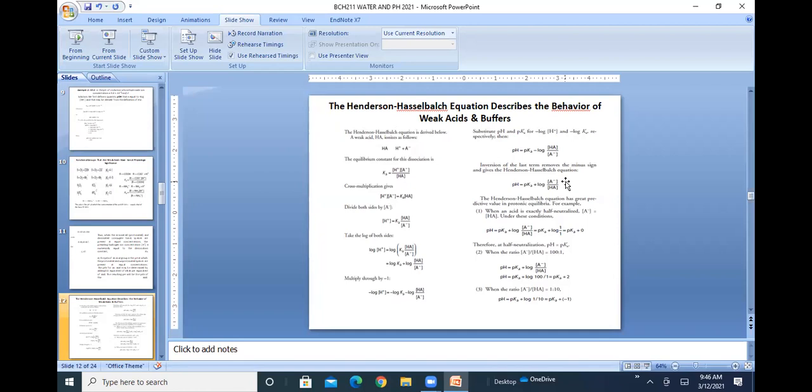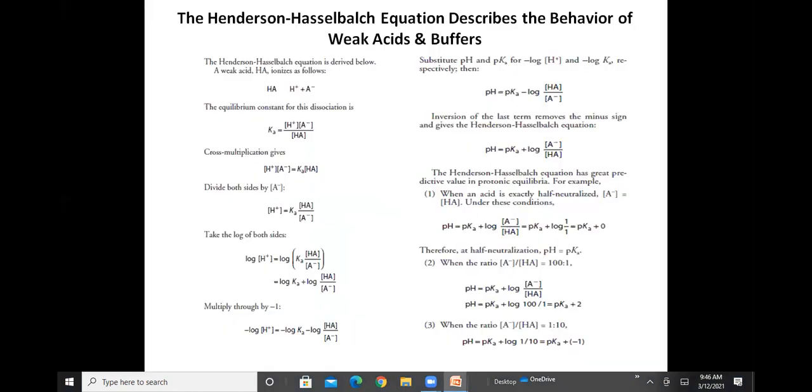Now, when an acid is exactly half neutralized, the acid and base will be present at equal concentration. So you have pH equals pK plus log of 1. Hence, the pH equals pK plus 0, so the pH equals pK.